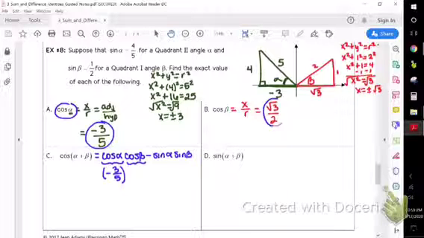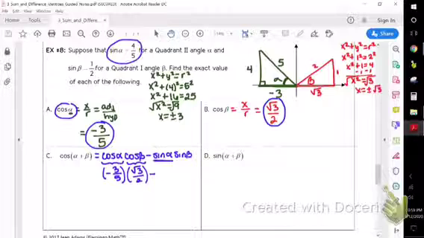Cosine of beta was the square root of 3 over 2. Minus sine of alpha, which they told us up there was 4/5, times sine of beta, also given up at the top. It was equal to 1/2.